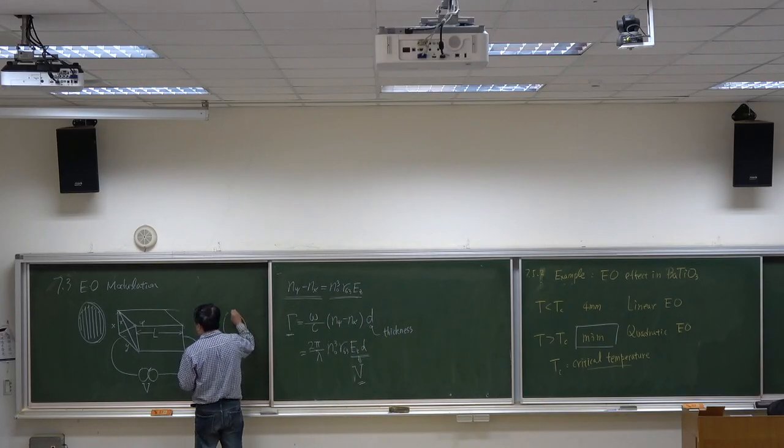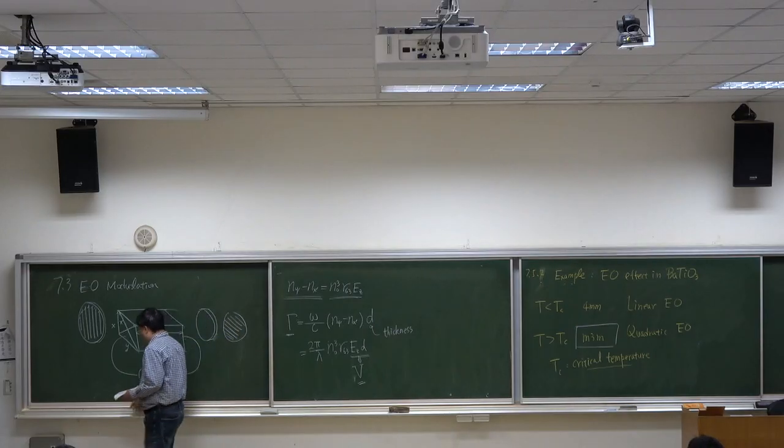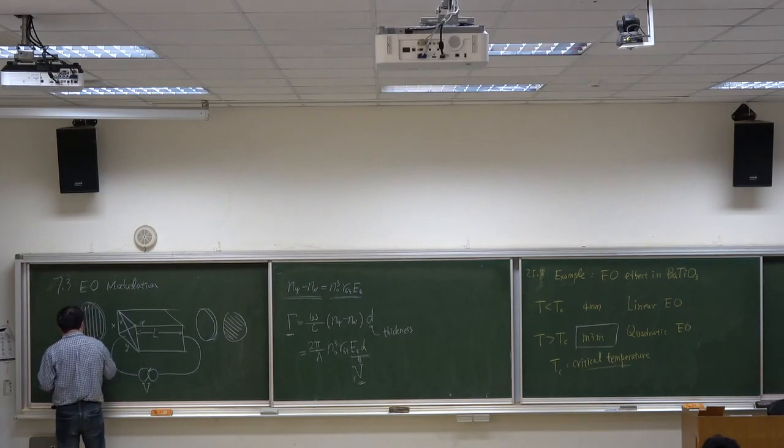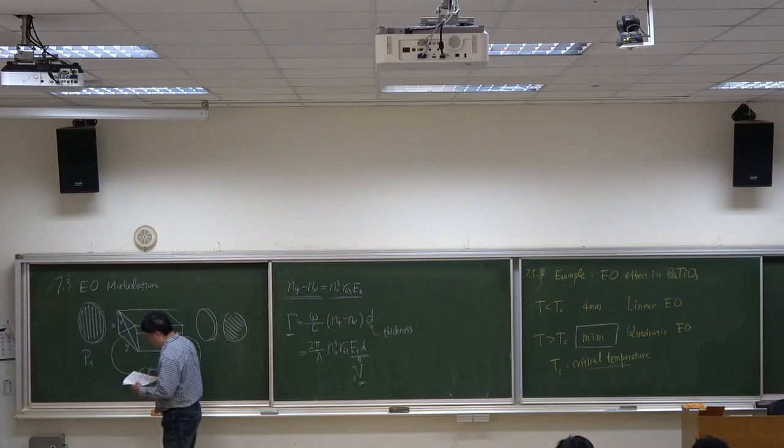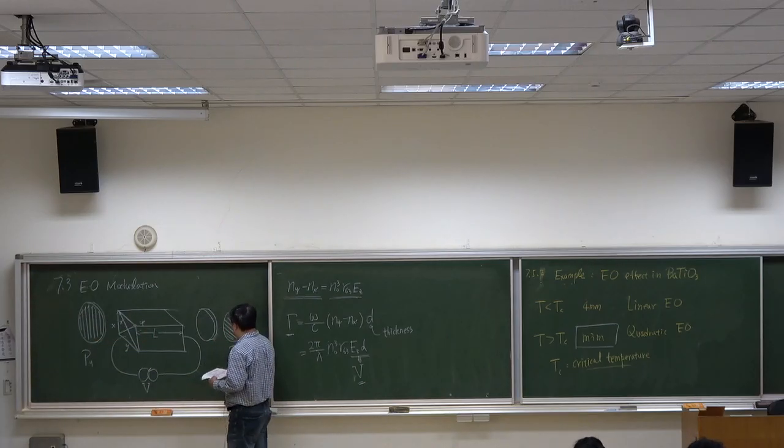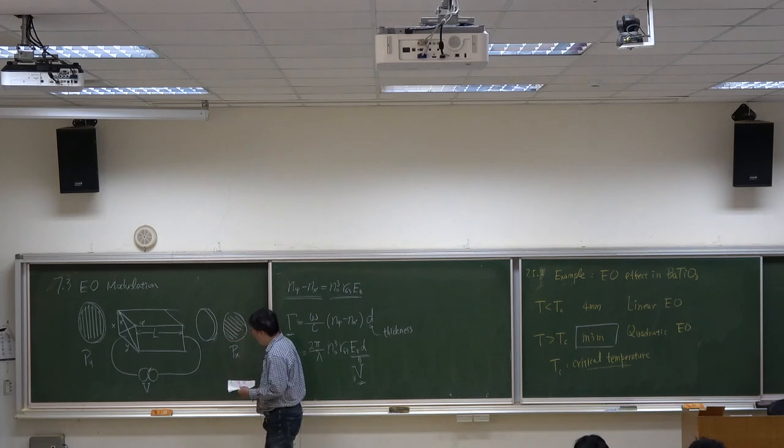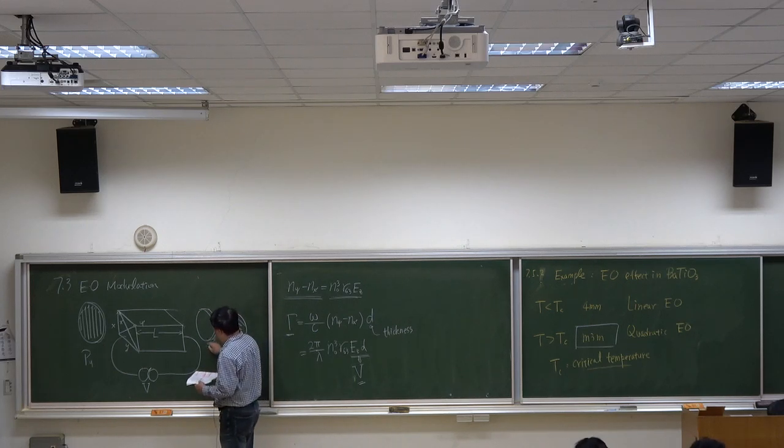And then we have this second polarizer as the analyzer. P, Y, P, X. And usually we choose this wave plane to be the quarter wave plane.